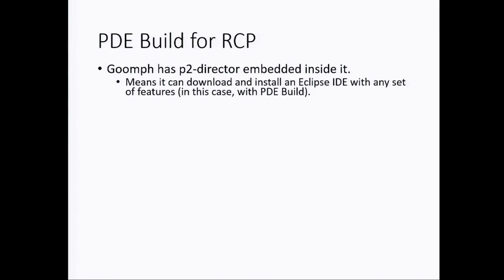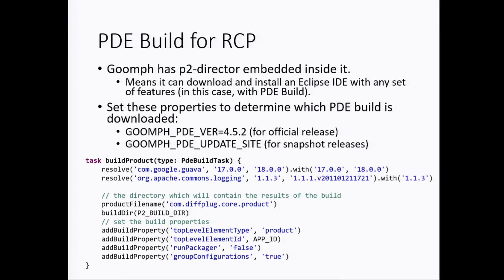So what it looks like in use is you specify the version of PDE Build you want to use. If you're using an official release, you can just use 4.5.2 or 4.6.0, whatever the official version is. And if you have your own custom patches, or if you want to use some kind of nightly or snapshot, then you can manually specify the update site.